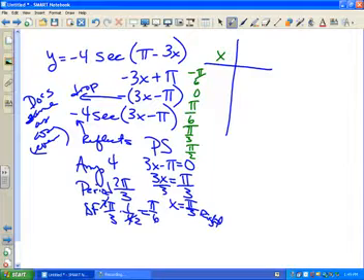Now we are going to add pi over 3. So in this problem, I'd have to get a common denominator and make them all 6s if I didn't know how to do it in my head. But to save a little bit of time, I'm just going to do them in my head because I can do that. I know how.